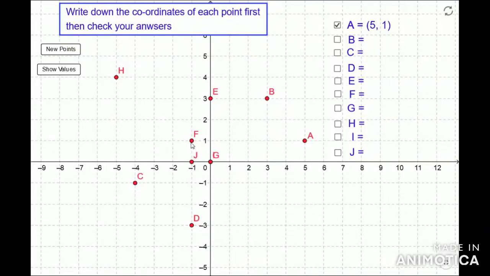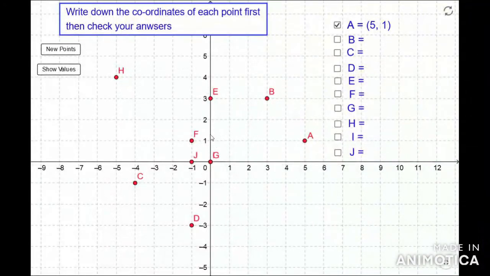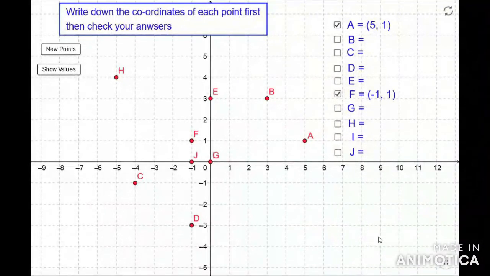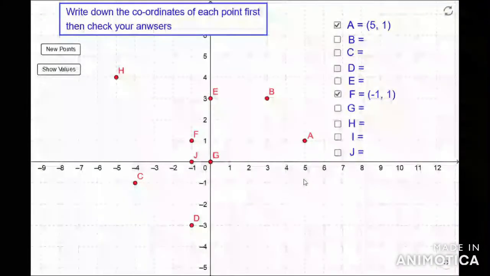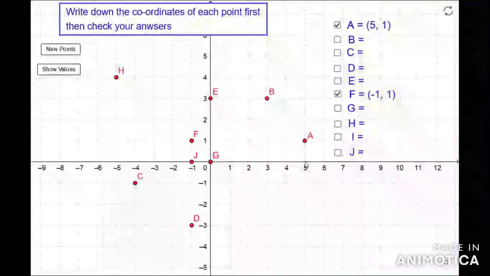You have to draw a perpendicular from F to the y-axis, and that number is 1. Thus we will have the pair of real numbers -1, 1. And similarly, if you take a point, you can get the pair of real numbers like this.